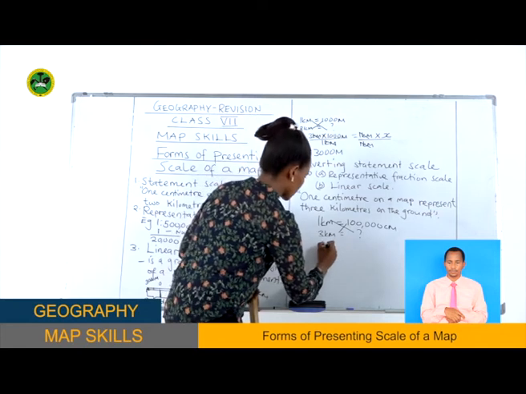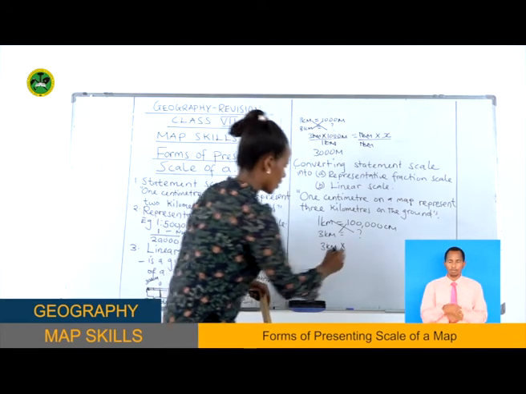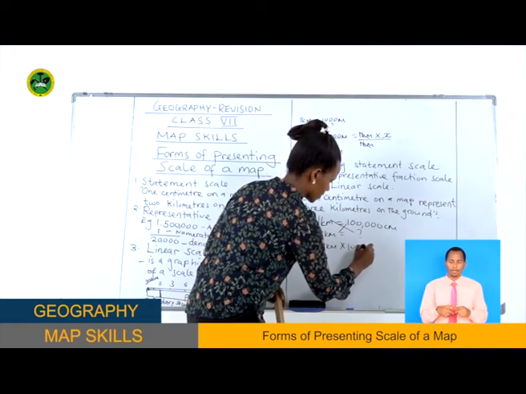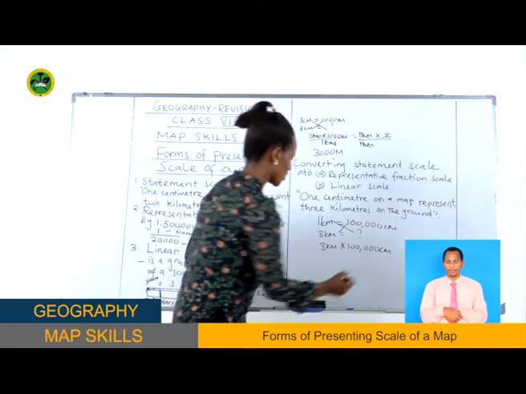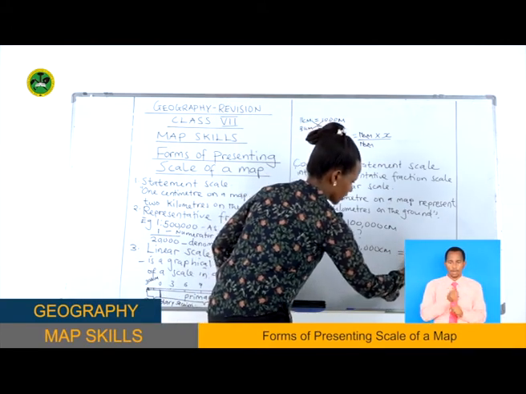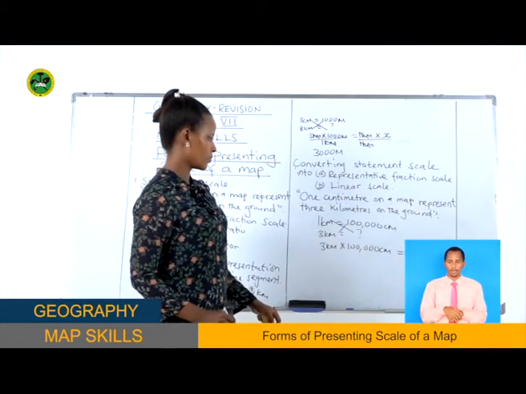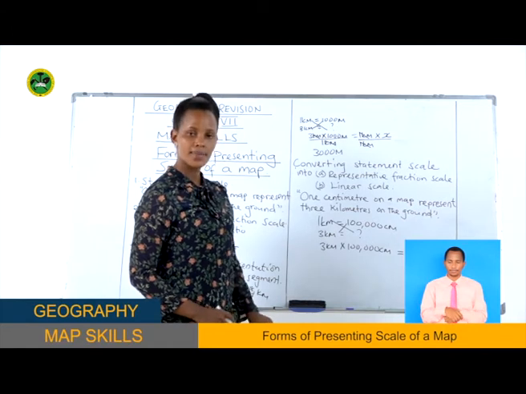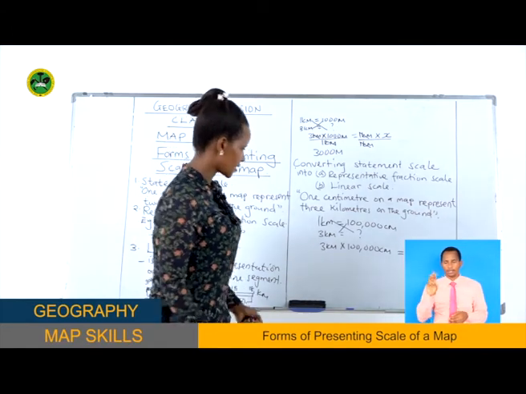Then 3 kilometers goes with 100,000 centimeters, which is equal to 1 kilometer times x, which we are looking for, that is, how many centimeters will be represented by 3 kilometers.